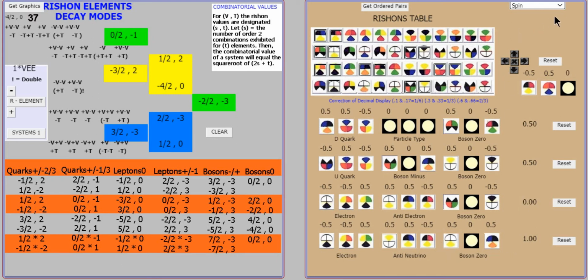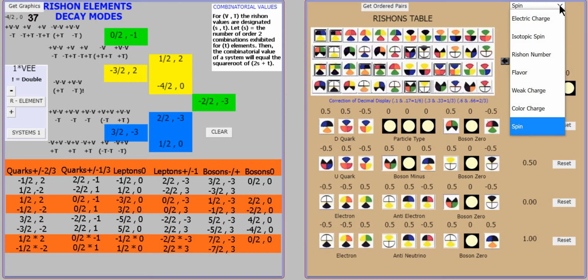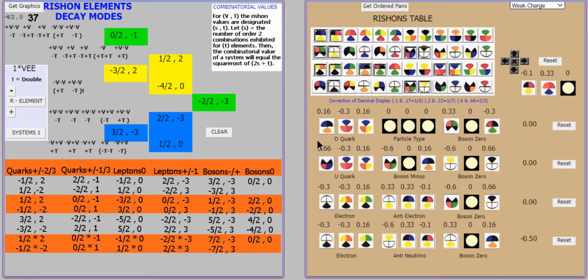Let's look at the weak charge. The weak charge on the right-handed D quark is 0, as per the standard model, and the weak charge on the Higgs boson is 0.